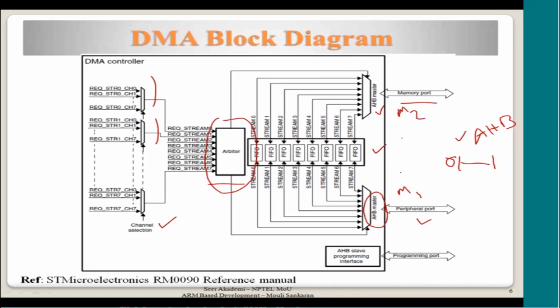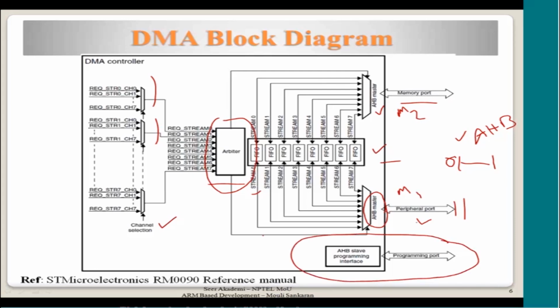That means each of them can compete for the bus access independently, though they are from the same controller. So it could be for a different stream. The transaction may be happening between memory to peripheral or memory to memory. So it could behave like two masters, and while programming it behaves like a slave.